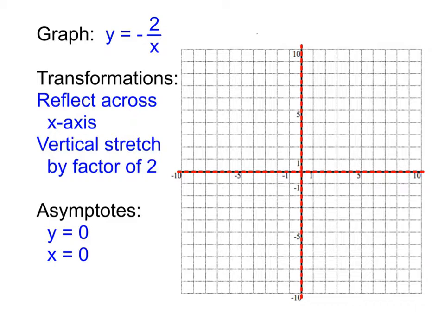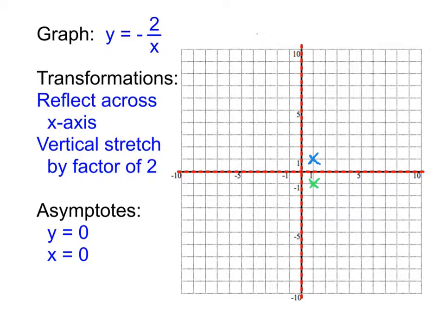All right, now that I've drawn my asymptotes, I need my first point. Now, to help visualize this, I'm going to start by just kind of seeing where I would normally have put it. And normally, without any of those transformations, my first point would go there, over 1 and up 1. But we've got 2 different transformations here. The first one listed is to reflect it across the x-axis. So that now moves that first point down below the x-axis.